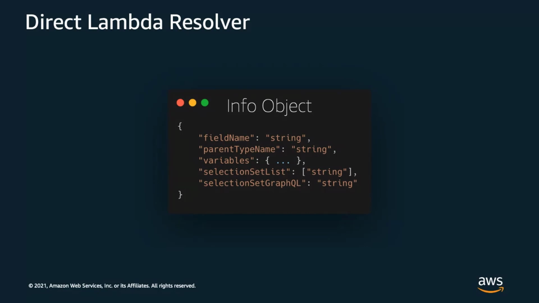So here we have an example of an info object. In addition to providing the field name, parent name, and variables of a query, the info object also exposes details about the selection set. And that makes it possible to make calls to data sources that are fine-tuned based on the expected data from the client, so based on the selection set.